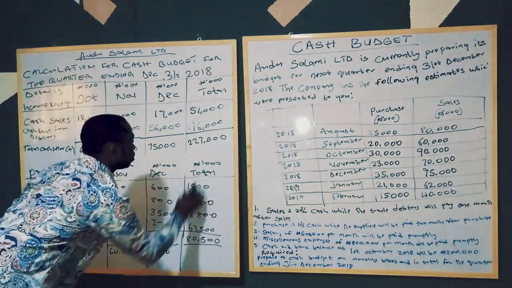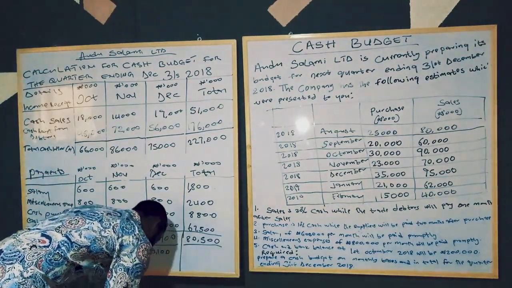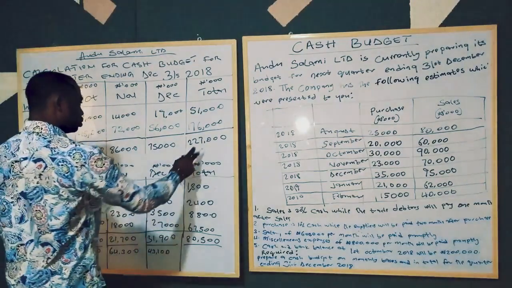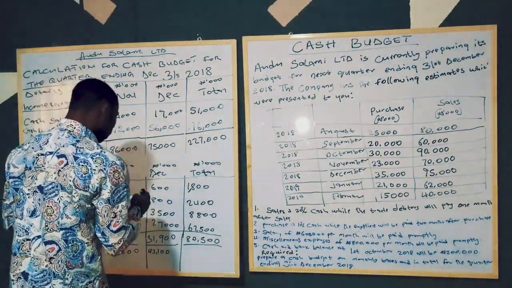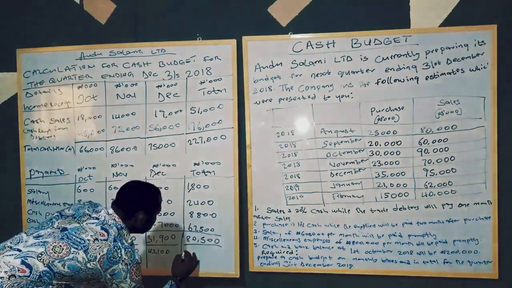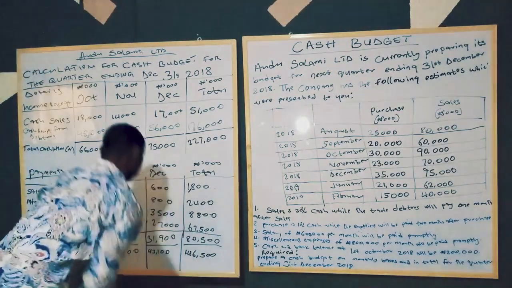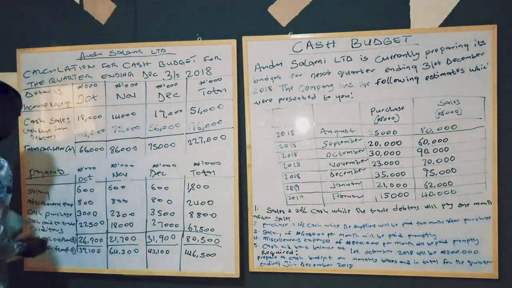Then for the total, this minus this is 146,500. So this is our net cash flow for each month.